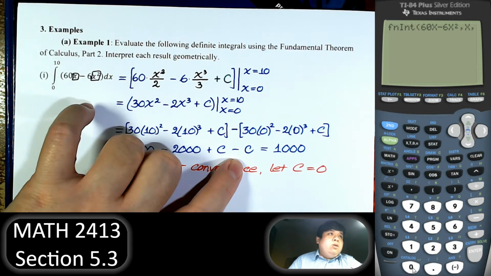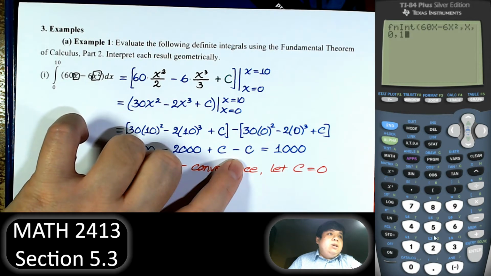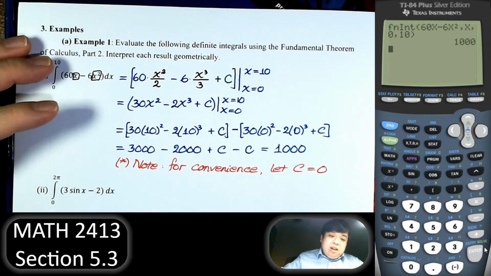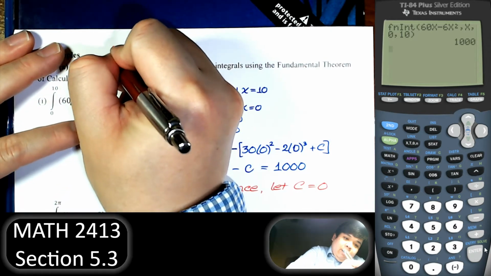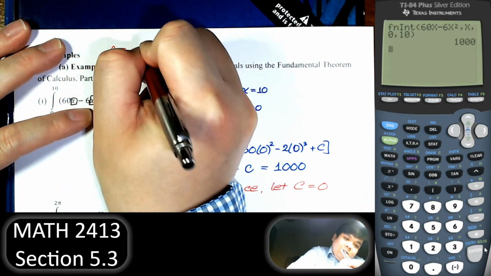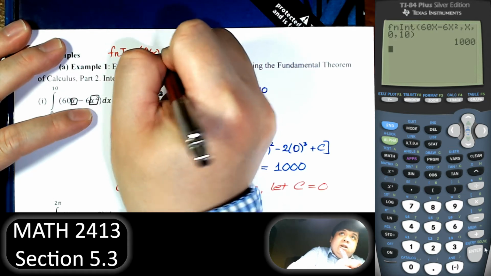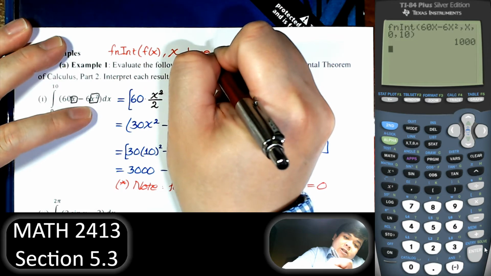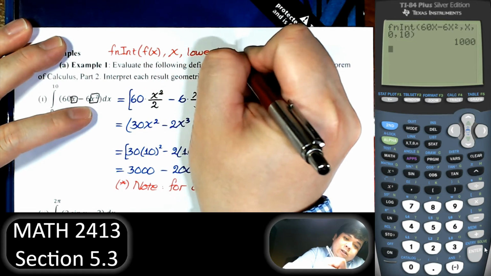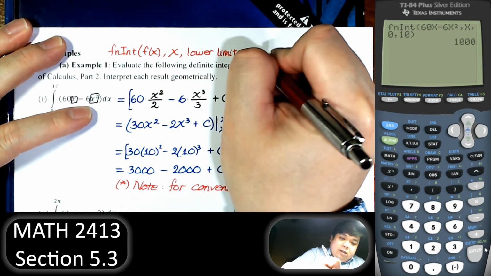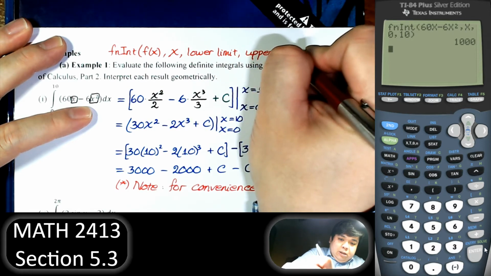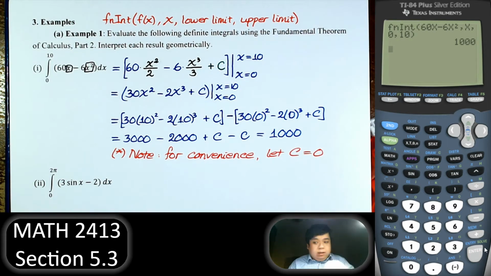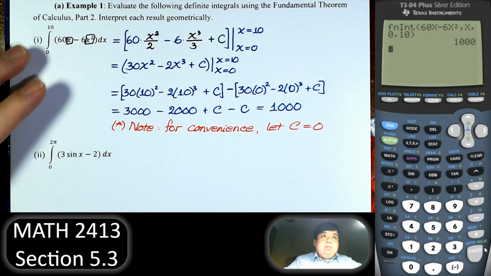That goes from 0 to 10. And that gives us the same thing. So the syntax here is fnInt: we enter the function, indicate the variable, and then lower limit, comma, upper limit. That will work. Right.